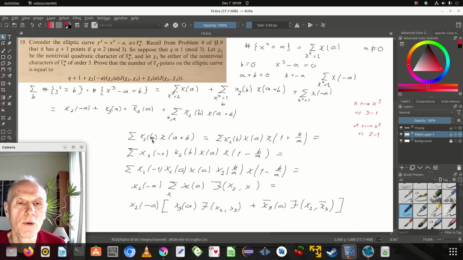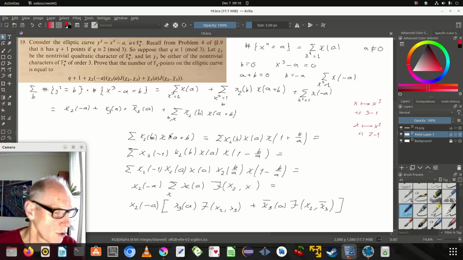Except when they are both trivial. So my claim is that all I missed was both being trivial. And in that case, the result should be, I think it was Q minus 2.